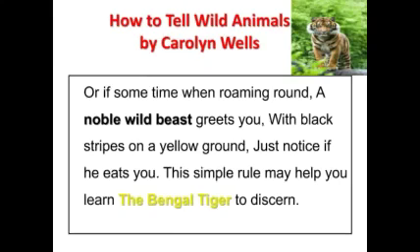So here the feature is the animal's pattern on its skin: black stripes on a yellow ground. This will help the learner to differentiate and recognize the wild animal.